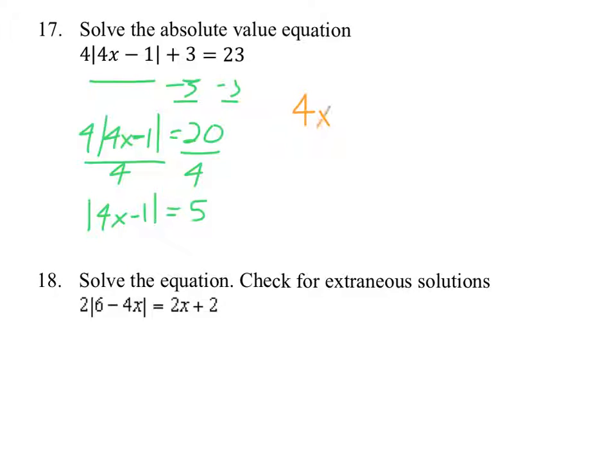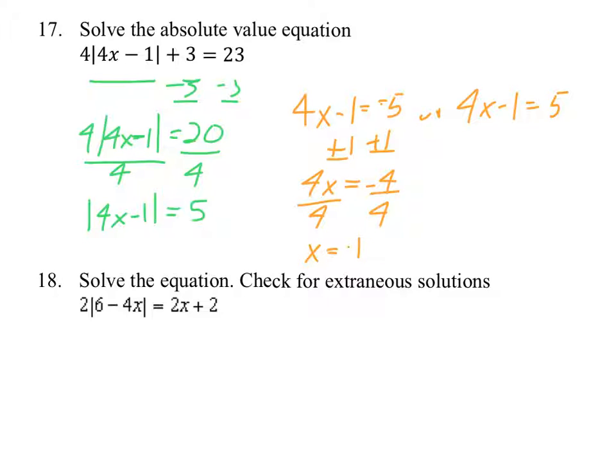We'll have 4x minus 1 equals negative 5, or 4x minus 1 equals positive 5. We go through solving those two equations. We get 4x equals negative 4. Divide by the 4, we get x equals negative 1. So there's one of these solutions.